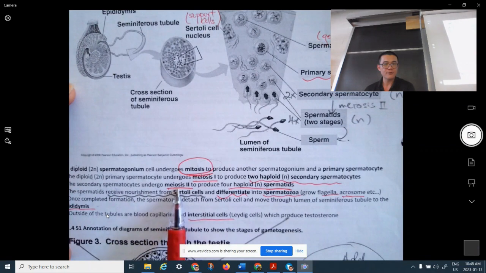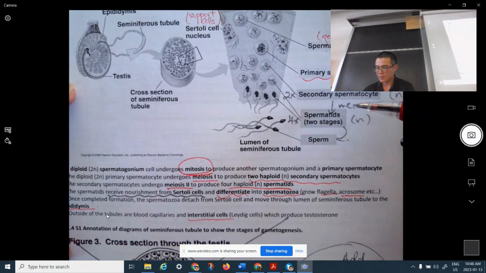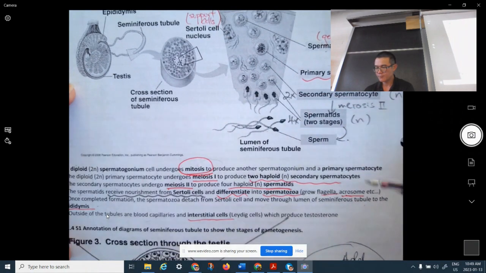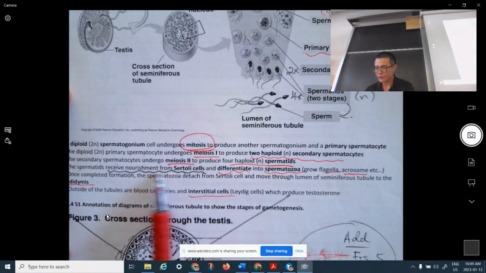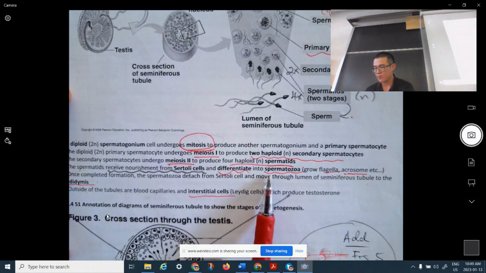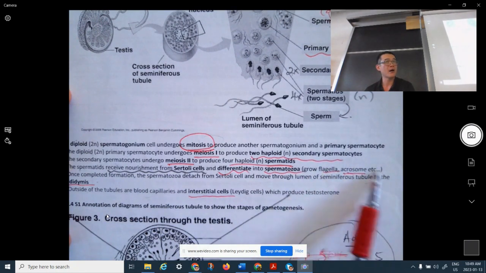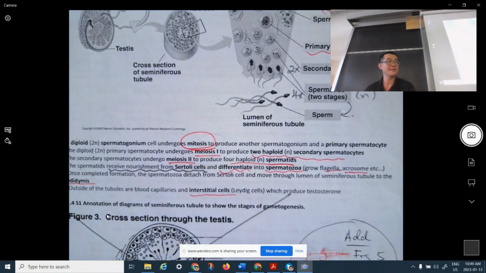Secondary spermatocytes go through meiosis 2 to produce 4 haploid spermatids. Spermatids receive nourishment from Sertoli cells and differentiate into spermatozoa, growing flagella, acrosome, etc. We're going to talk about what these things are a little bit later. You should know what flagella is.